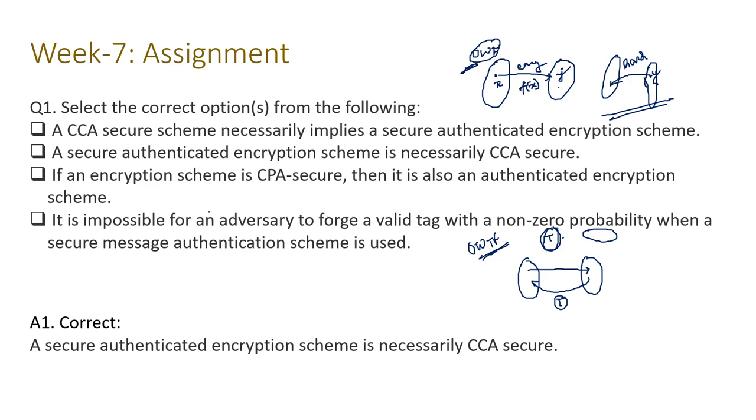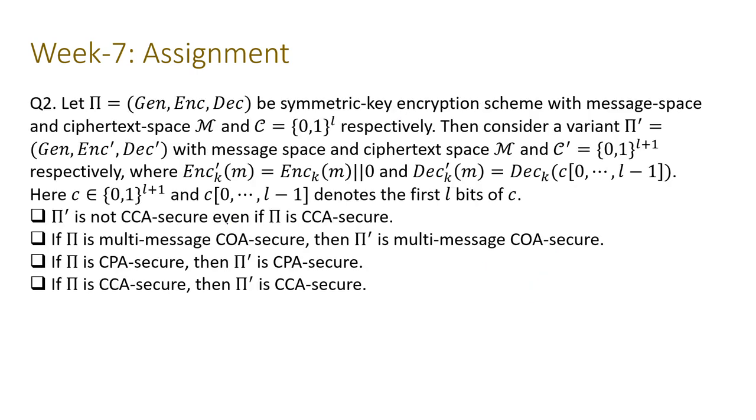Okay. So maybe we can proceed to the next question. Let pi consist of a three-tuple of algorithms, KeyGen, Encryption and Decryption, be a symmetric key encryption scheme with message space and ciphertext space M and C, both being L-bit binary strings.